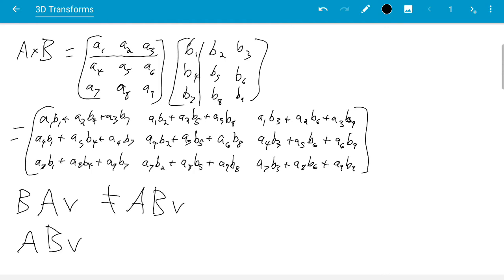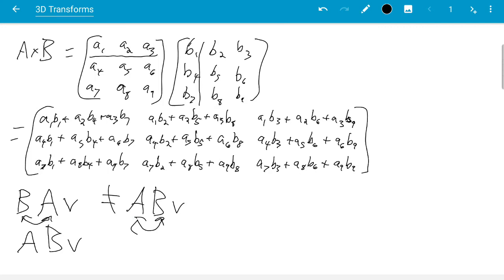That means you cannot just switch around terms in this operation. Like if you're multiplying scalars like 5 times 6, that's the same as 6 times 5, but not when it comes to matrices. You cannot just switch matrices and expect it to come out with the same answer.